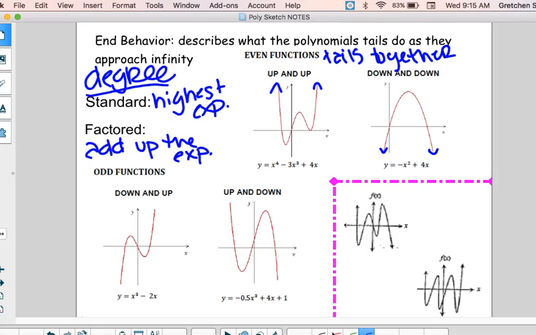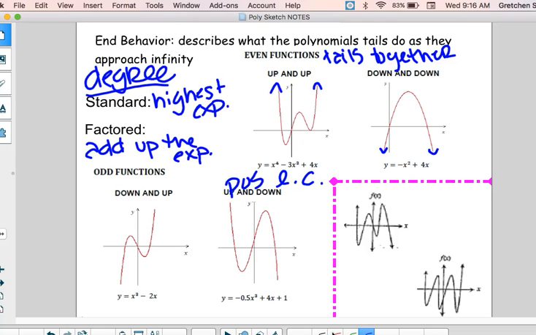So clearly the tails are going together, but there's a difference on if they go up or if they go down. If you think back to quadratics, what kind of number has to be in front in order for your tails to go up? A positive number. So if you are going up and up, that means you have a positive leading coefficient.